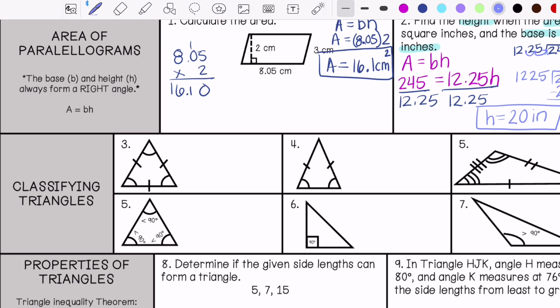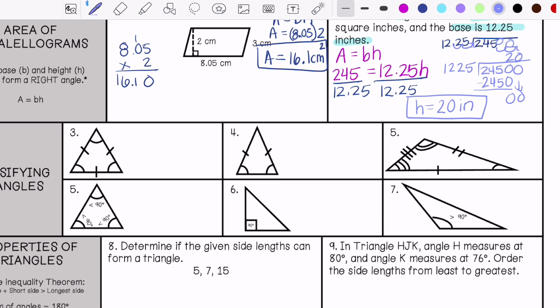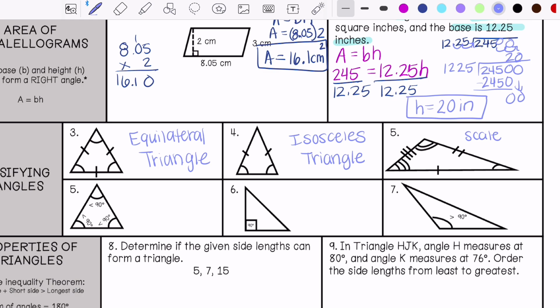All right, classifying triangles. We can classify triangles two different ways: by their side lengths and by their angles. If all side lengths are equal, it is called an equilateral triangle. If two sides are equivalent, it's called an isosceles triangle. If three sides are all different, it's called a scalene triangle.